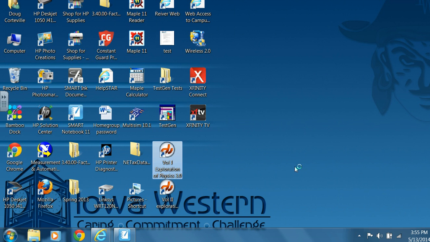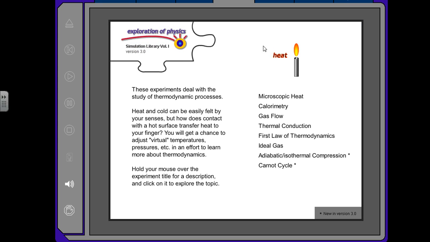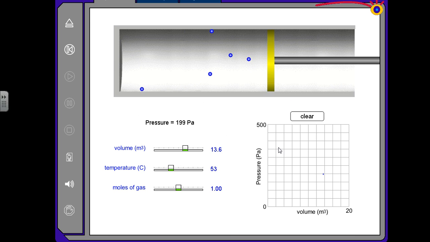Okay, so I'm running volume 1. And I'm going to heat. So to go to heat, go to ideal gas. Okay, I'm going to do something. Do we remember what it is? Okay, we're going to put the volume someplace. Where did it say to put the volume?